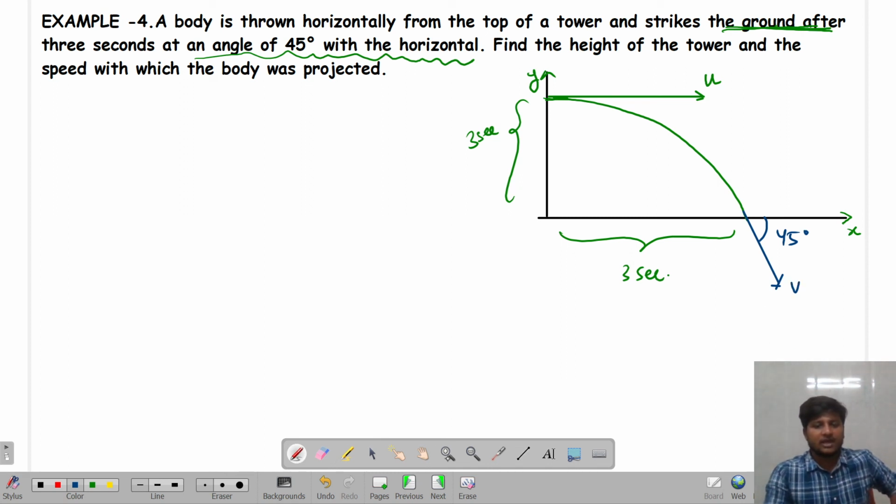It will have two components, one along the horizontal, V cos 45, and one along the vertical, V sin 45.